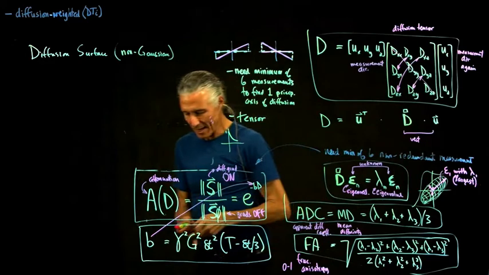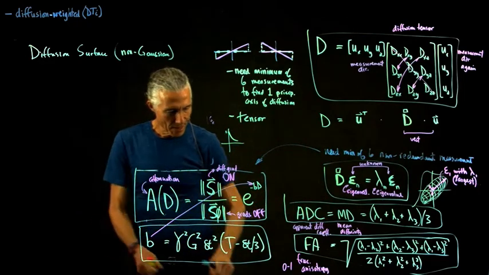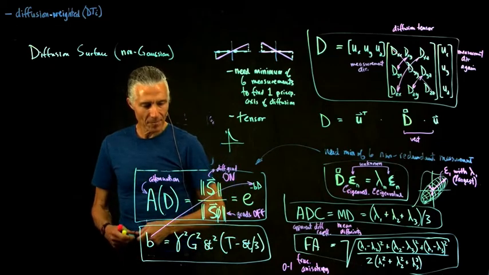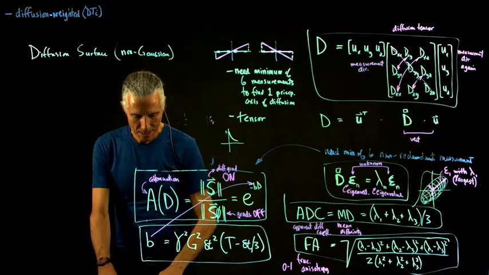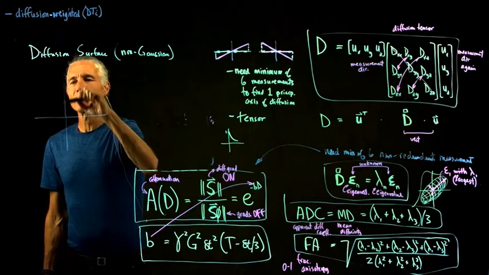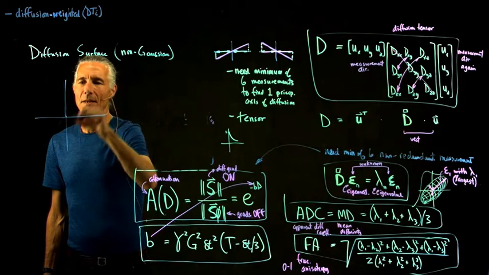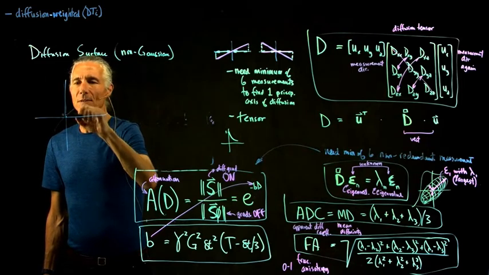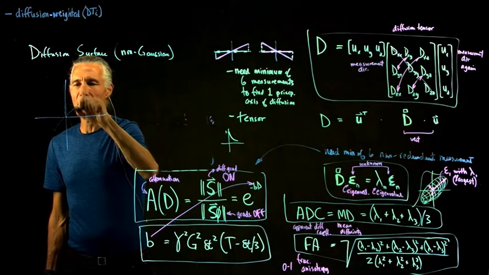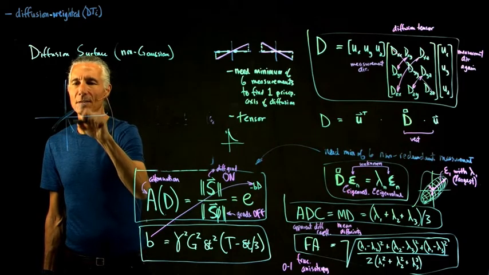Well, you could easily have a situation, let's just do it in 2D, where there's a bunch of fibers going this way, and then there's a bunch of fibers crossing them, going this way. Say there are a lot of fibers going this way, and fewer going this way.